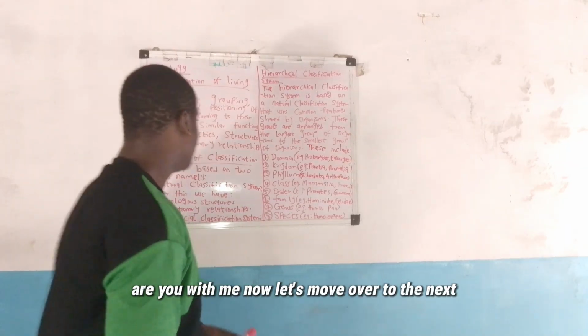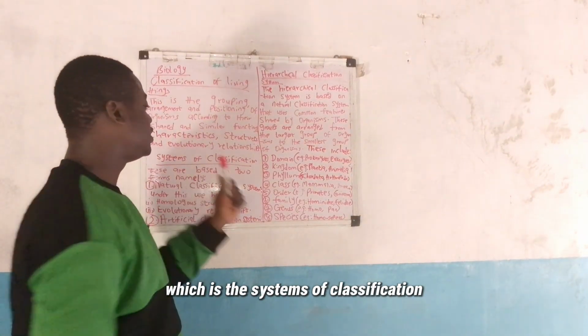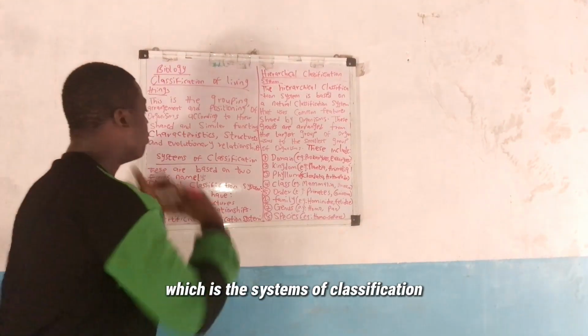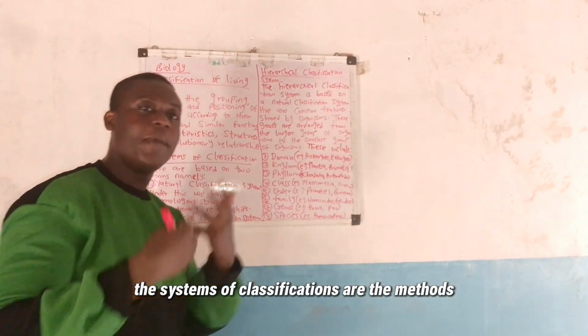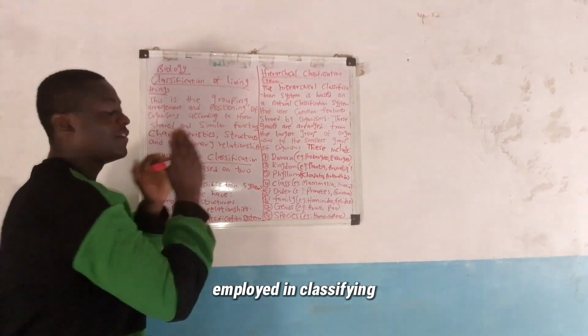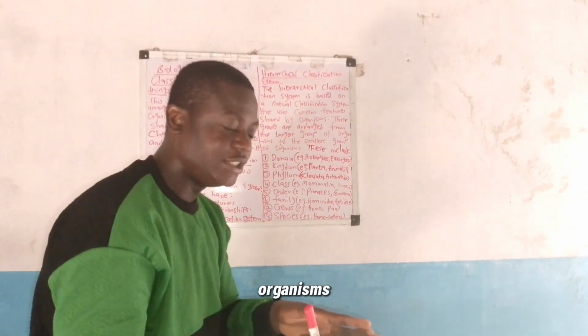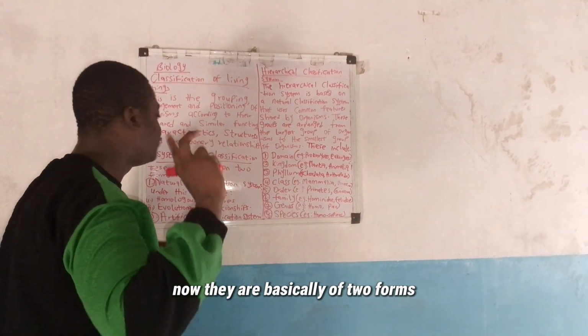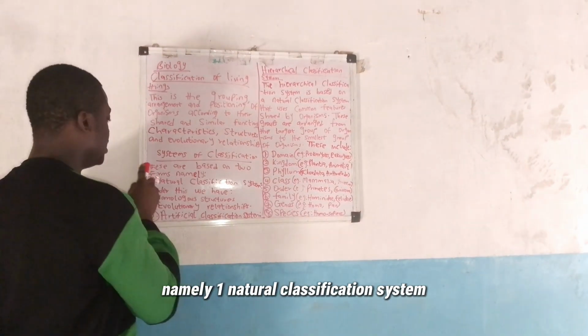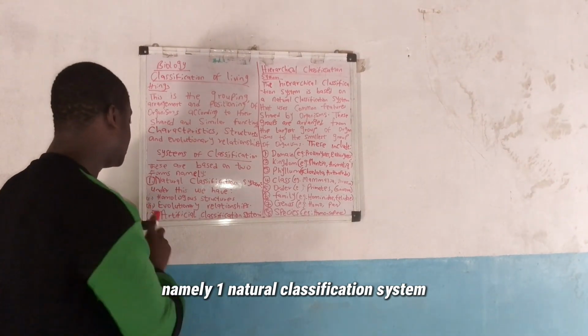Are you with me? Now let's move over to the next, which is the systems of classification. What are the systems of classification? The systems of classification are the methods employed in classifying organisms. Now, they are basically of two forms, namely, 1. Natural classification system. 2.